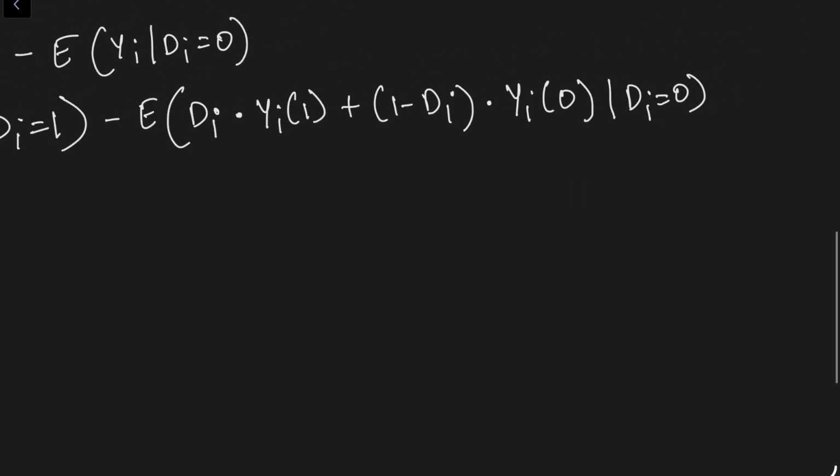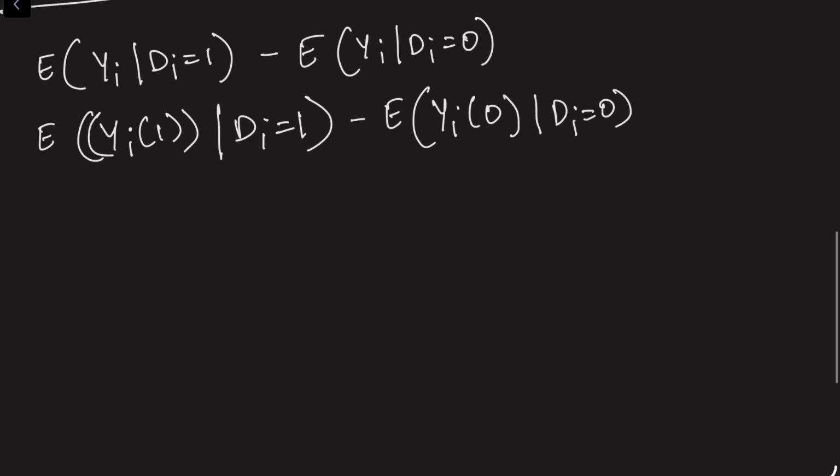Again, here we have a condition that di is equal to 0, which means that this term we can replace as 0, which means that this whole term will go away because it's being multiplied by 0, and what remains is just this term. So I'll bring that over here.